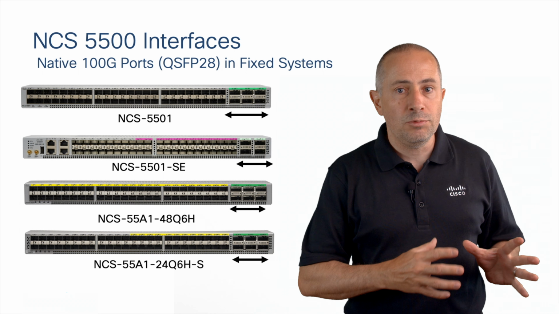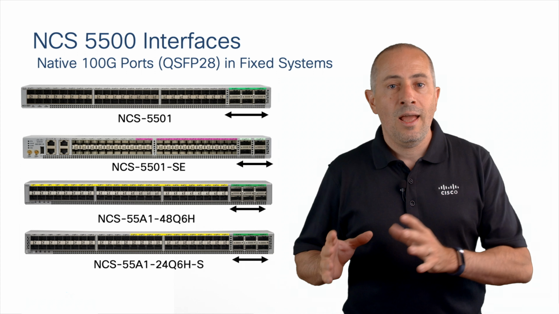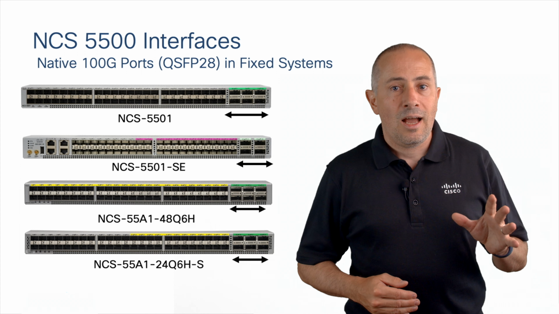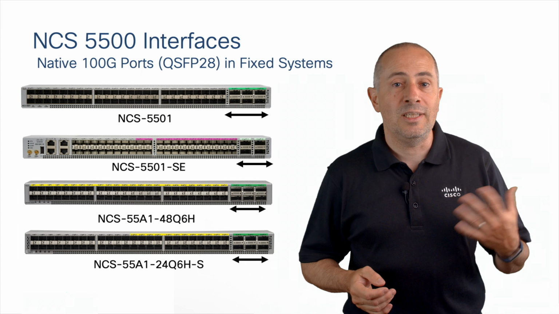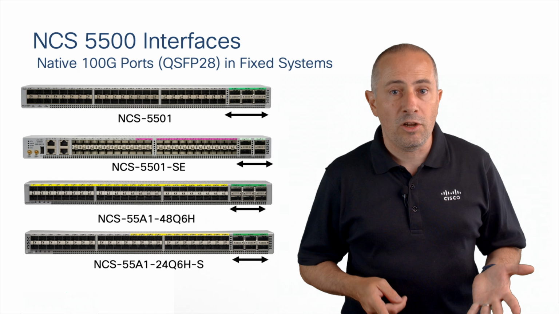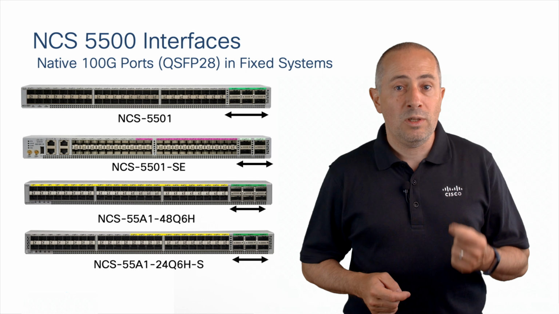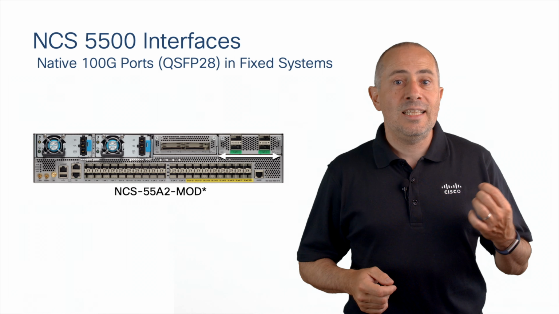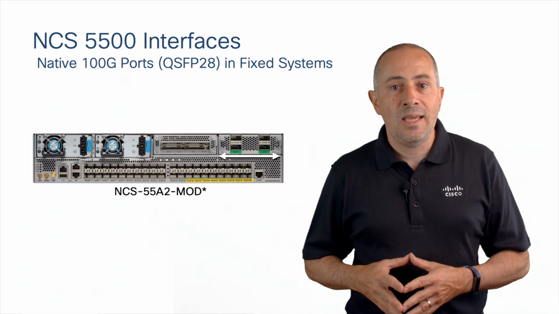On the fixed platforms, I see two main situations. First, I need 100 gig as uplink to aggregate lower speed ports. For this task, I can use the 5501 SC with 4 ports QSFP28 and the non-SC version, that's going to give me 6 times 100 gig, same quantity of 100 gig ports for the 55A1 24Q6HS and 48Q6H, and in the NCS55A2 model, it will depend on the MPA inserted.